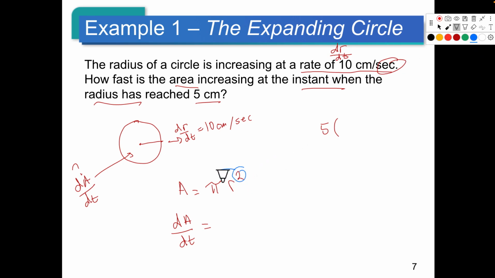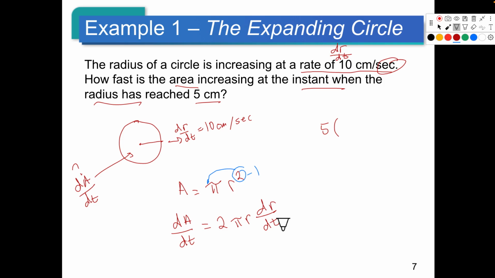Excellent. The 2 comes down in front, we subtract 1, so we end up with 2 pi r to the first power. That's not everything. What else do we get? dr/dt. We get the marker that we took the derivative. So this comes from implicit derivatives.